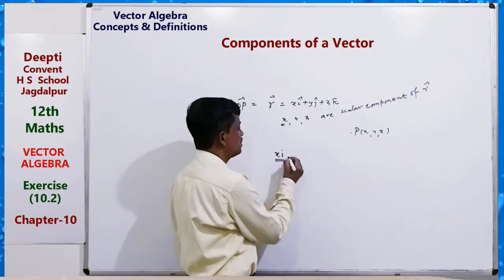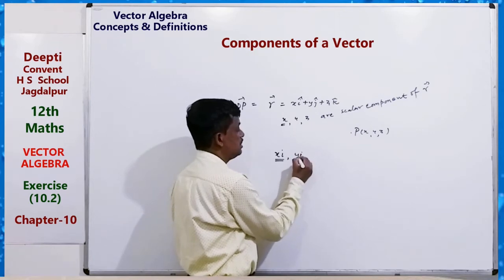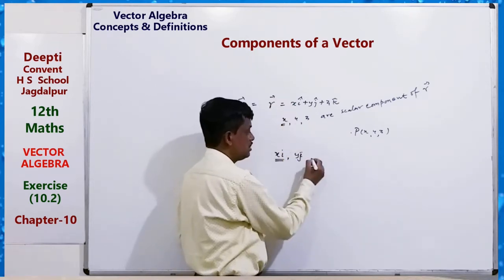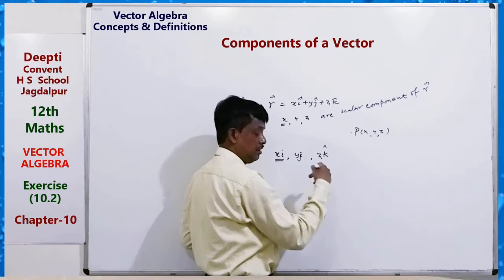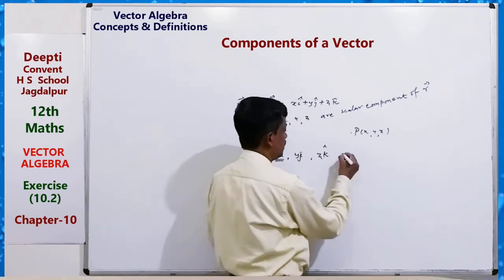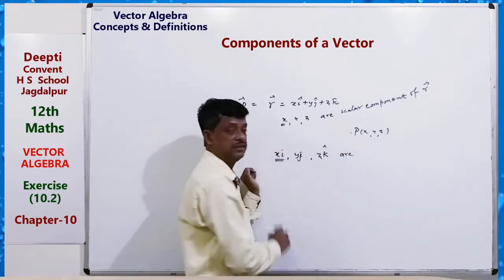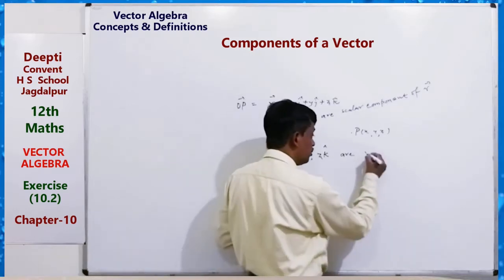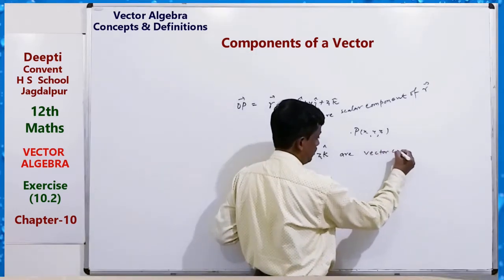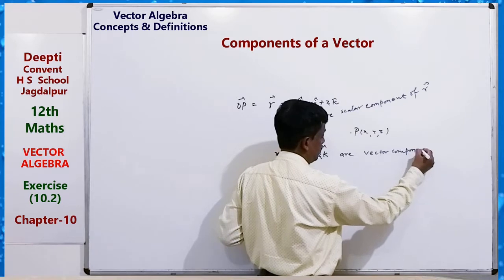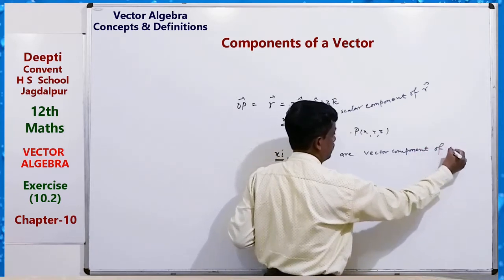So xi, similarly yj in y-axis direction, zk in z-axis direction. These are vector quantities, so these are vector components of R.